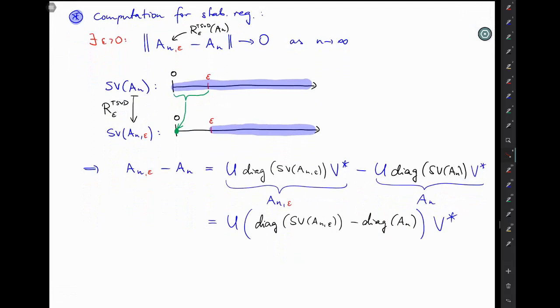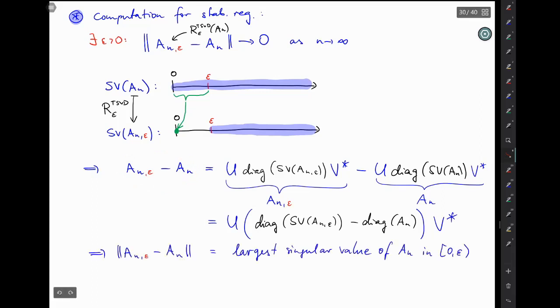And that's already your singular value decomposition for this difference of the two operators. So here's U, here's V star, and here's your diagonal matrix, and it's the difference of these two diagonal matrices where a lot of cancellation happens, because the singular values that are beyond epsilon are in both of these matrices and they will just cancel. So the only ones that remain are the ones that are in A_N but not anymore in A_N epsilon. And hence the norm of your operator is the largest of these singular values that didn't cancel.